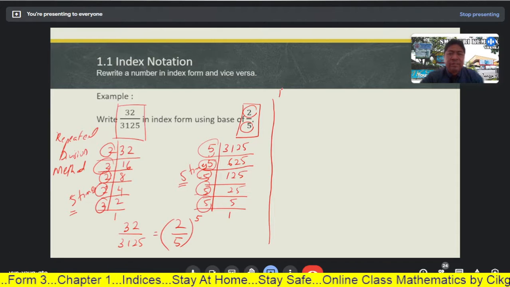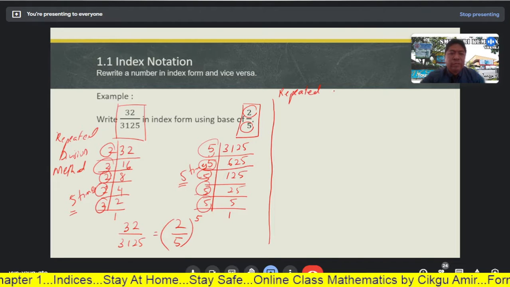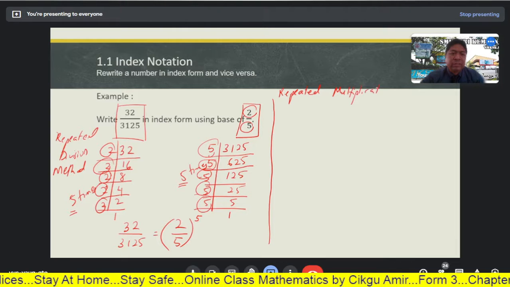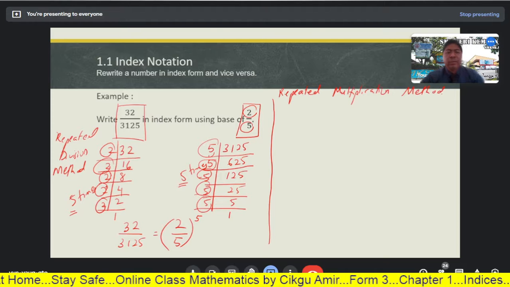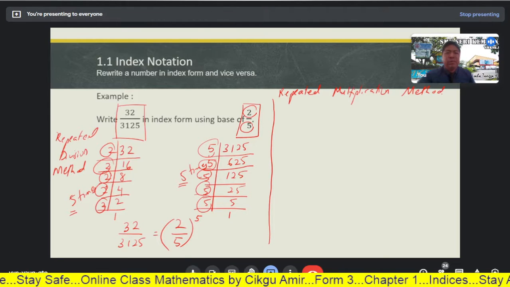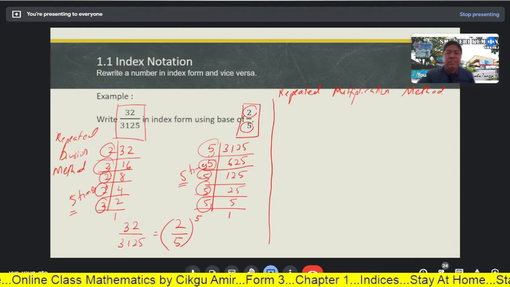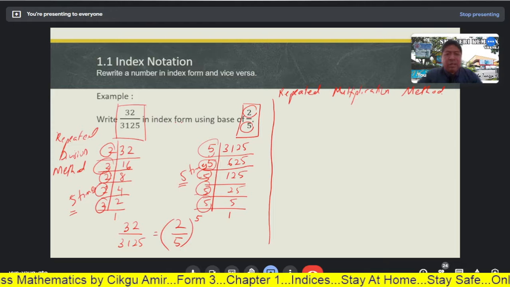The second method, if you want to use the repeat multiplication method. Some people find this second method easier than the first method. How to do this?